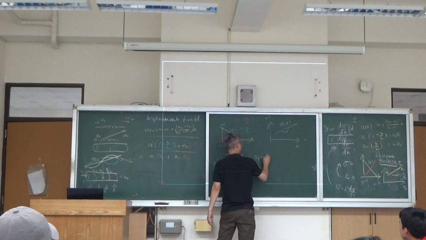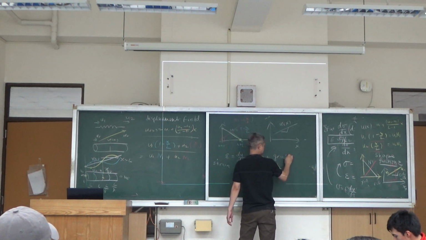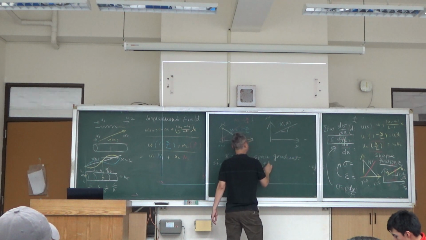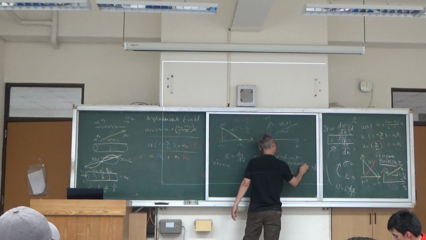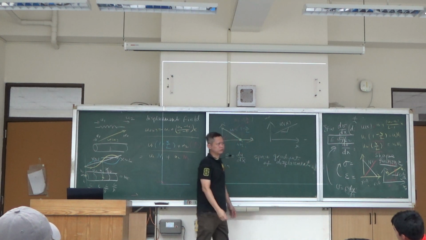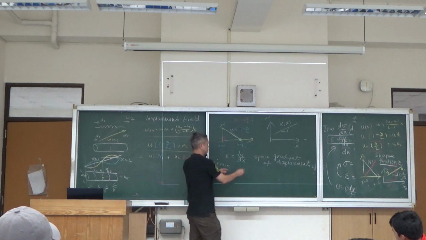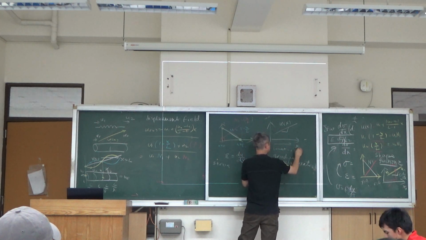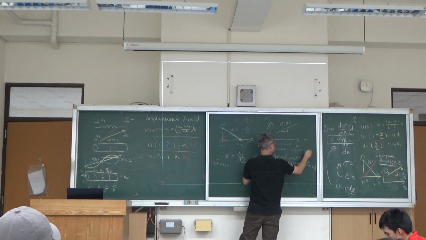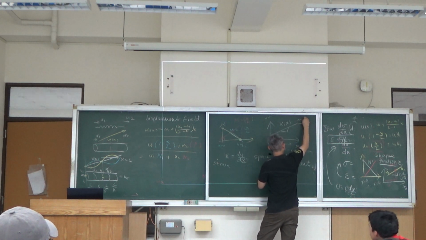Strain is the space gradient of displacement. Space is your location or your position. What is displacement? Displacement is your movement.